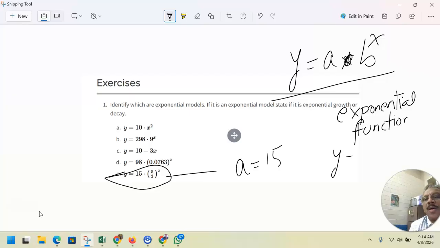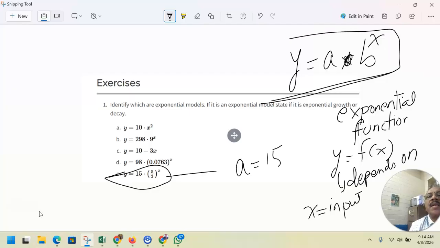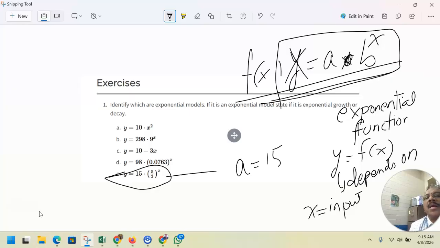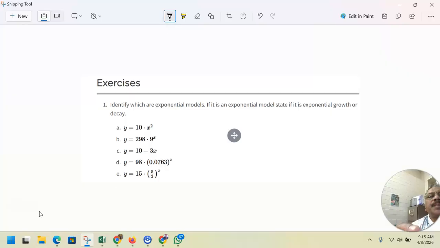Instead of y, you use f of x. It means y depends on what value of x you put in. So instead of y, you could also write f of x, and we say it is an exponential function. But if you only write y equals, you can also call it an equation because there is an equal sign.